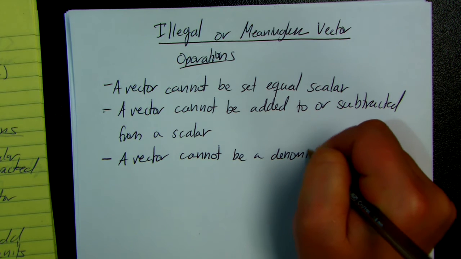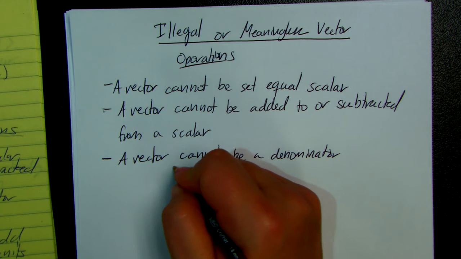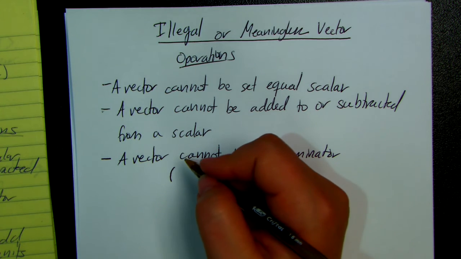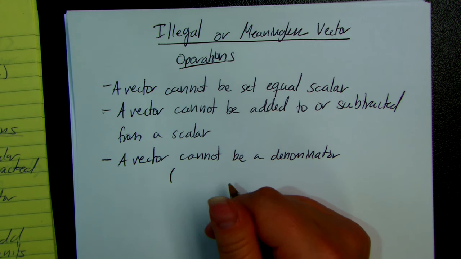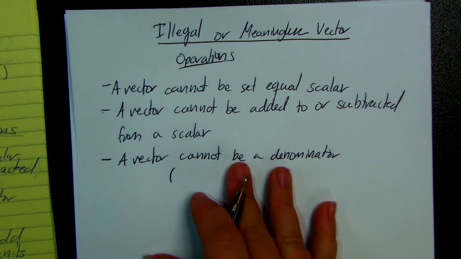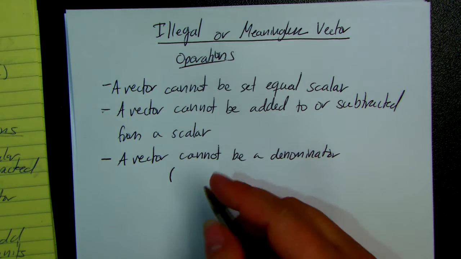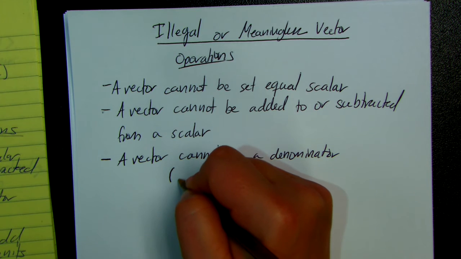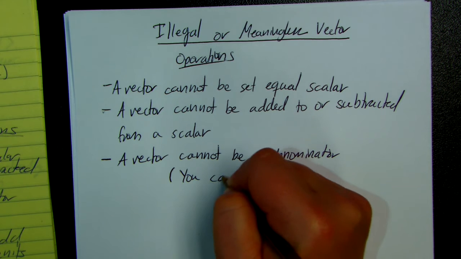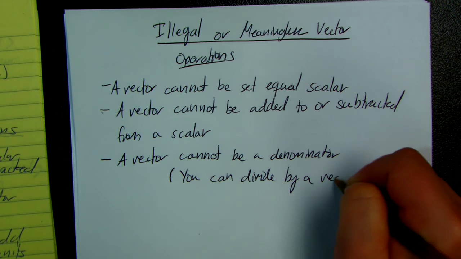A vector cannot be a denominator. Now you'll notice we're going to have to divide by vectors in this class. What we will do in those cases is take the magnitude of the vector. The magnitude of a vector is a scalar, and we can divide by the magnitude.